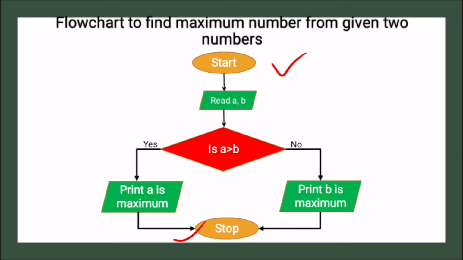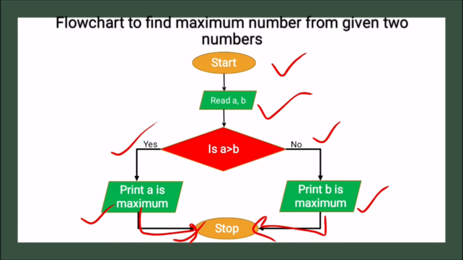First we read A and B. This is input. Now we check the condition: is A greater than B? If yes, then print A is maximum, and if no, then print B is maximum. At the end, after either operation, it goes to stop.